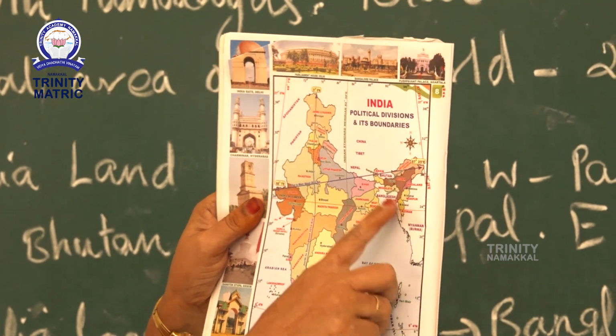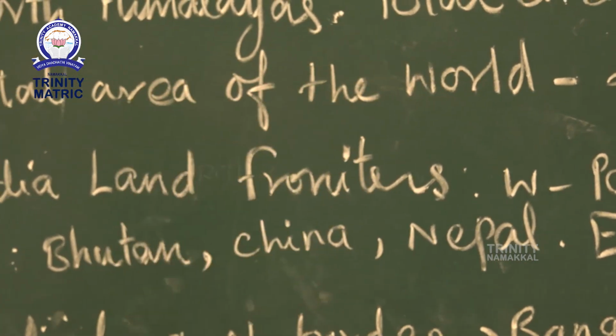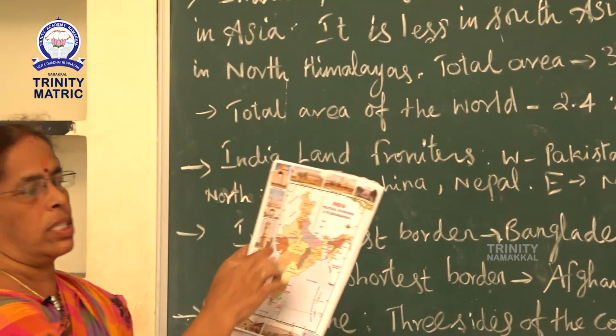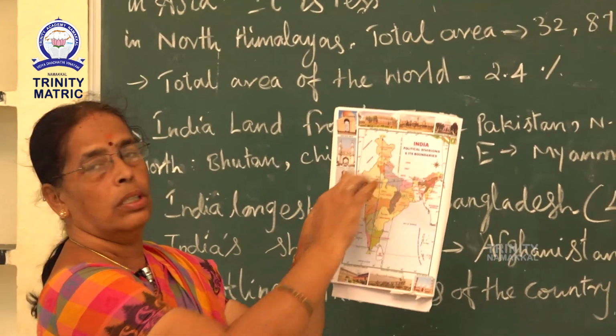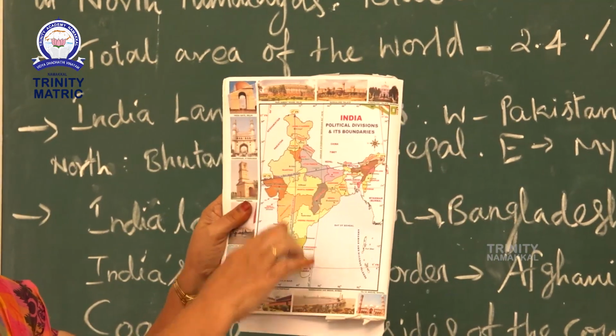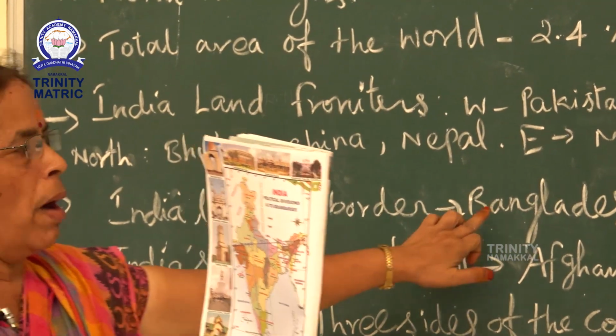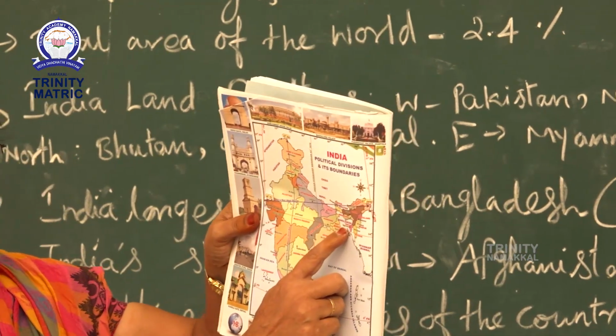Which direction? East. India's longest border is with Bangladesh. This is Bangladesh.